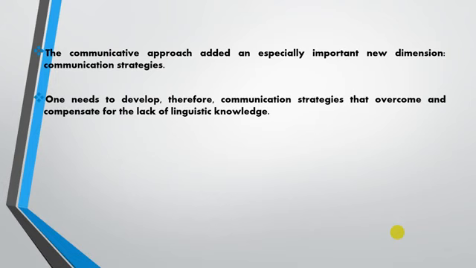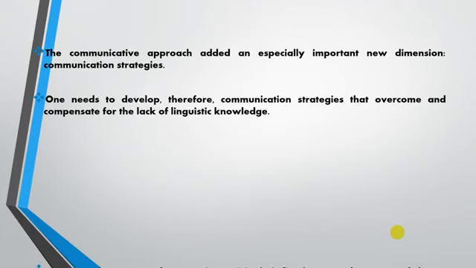Such communication strategies are partly universal in nature from the learner's point of view, since some can successfully be transferred from the first language. That's why we can name or title this universal.